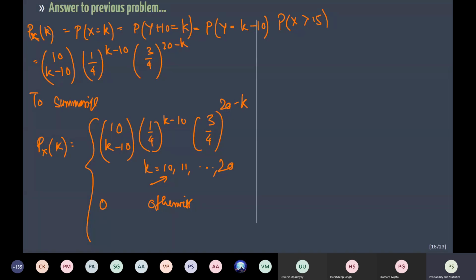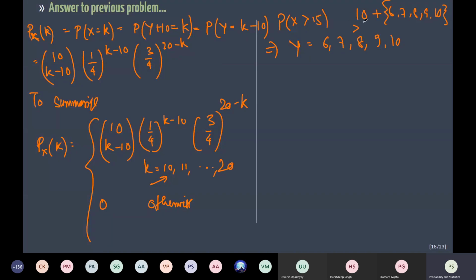Now, in order to calculate the probability that x is greater than 15, what should we do? For this to happen we must have y be 6, 7, 8, 9, 10, because up to 10 is guaranteed, and then I must have y either 6 or 7 or 8 or 9 or 10.